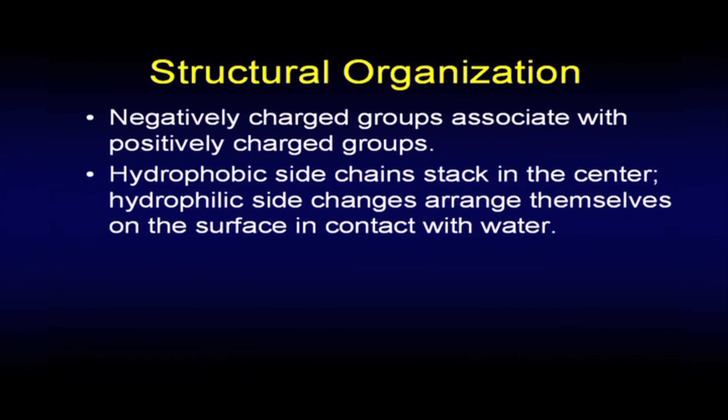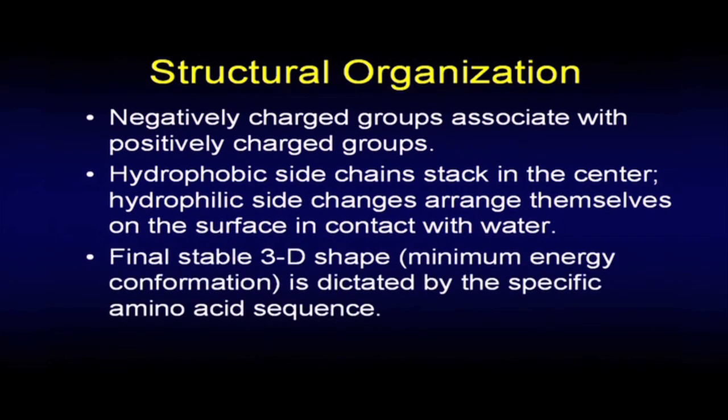And we could spend the whole evening on this, of course, but those that are negatively charged associate with positively charged. Those that are non-soluble in water stack. The hydrophobic ones stack in the center. The ones that like the water are on the outside when they're in contact with water and so forth. And the final stable result takes a three-dimensional shape that's appropriate for the tool that it is designed to be. And it's all designed by the specific codes.